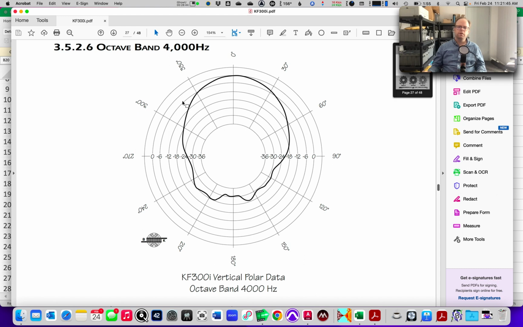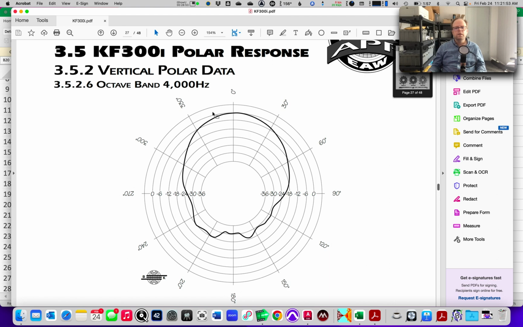So, well, actually, isn't that interesting? If we go 30, 45, on that side, it's a little bit lopsided, but over here, oh, sorry, I'm looking at the vertical.